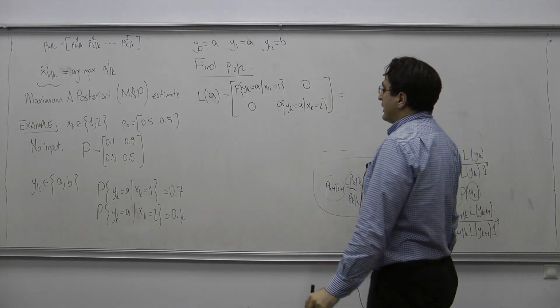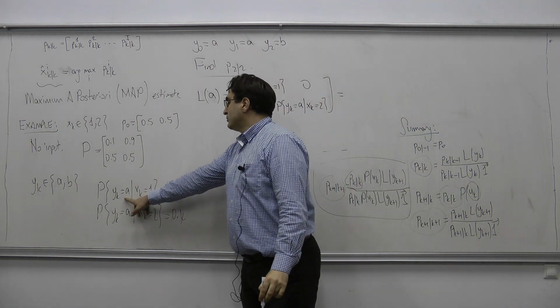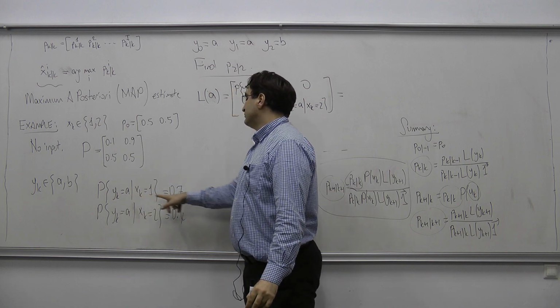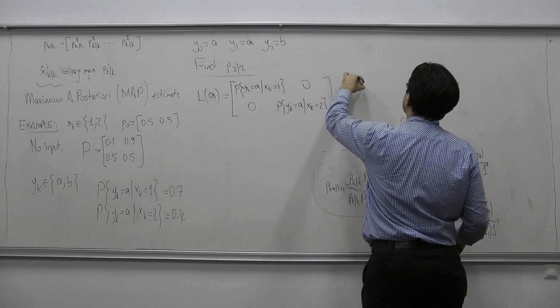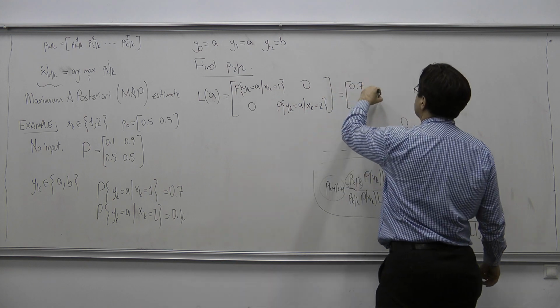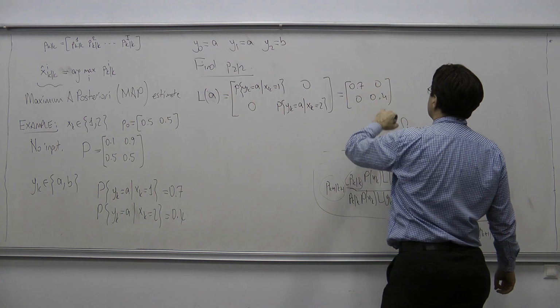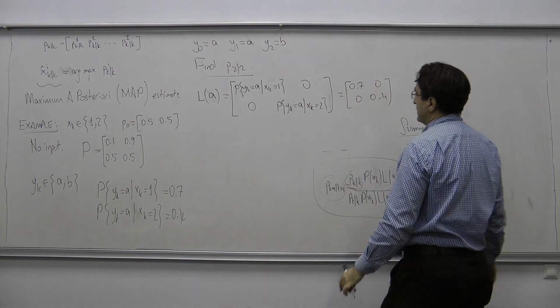So here let us look at this. The probability of yk equal to A when the state is 1 is given to us as 0.7. And the other probability is 0.4. See that these are not summing to 1.